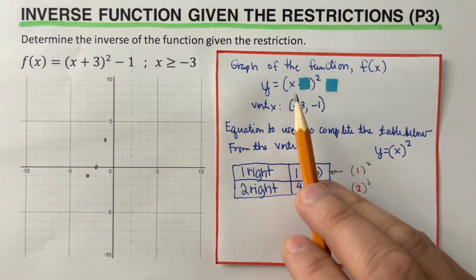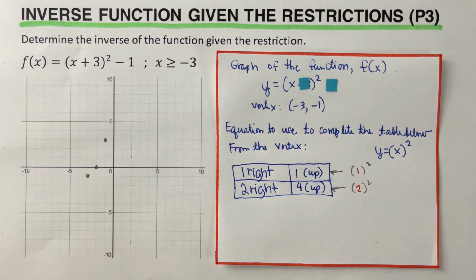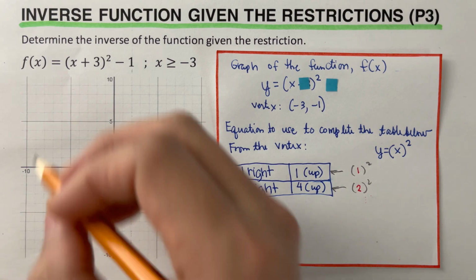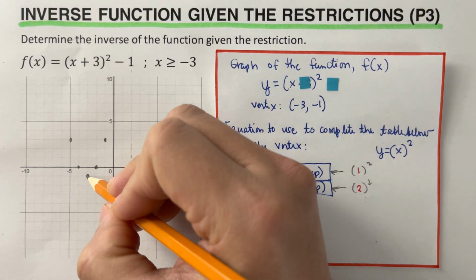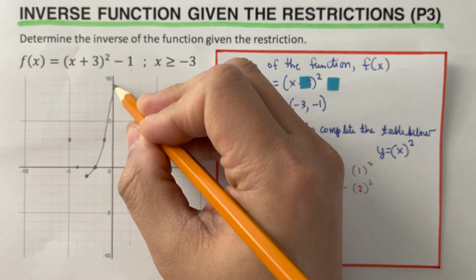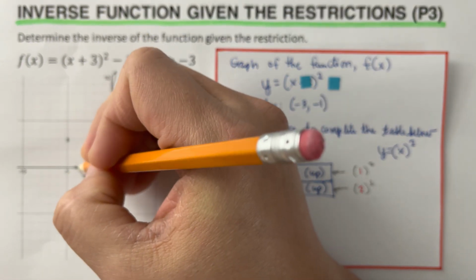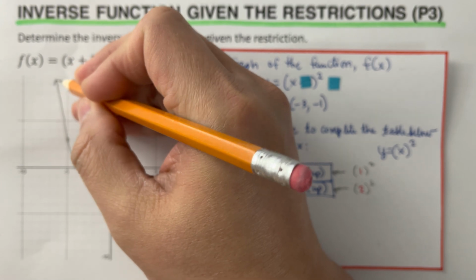Since this is a quadratic equation, the shape of the graph is a parabola. So we reflect it across to create the parabola right here. This is the shape of the graph for this function.